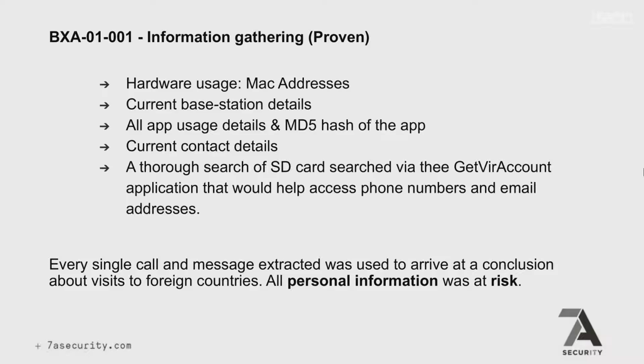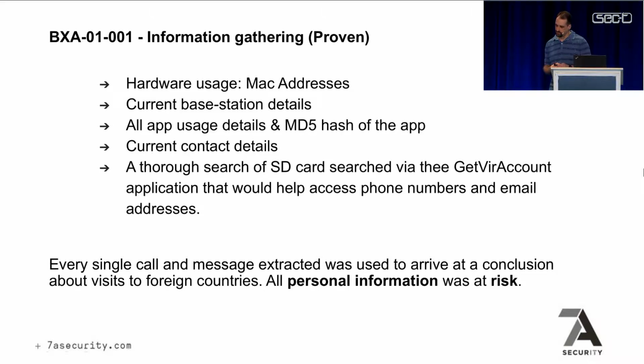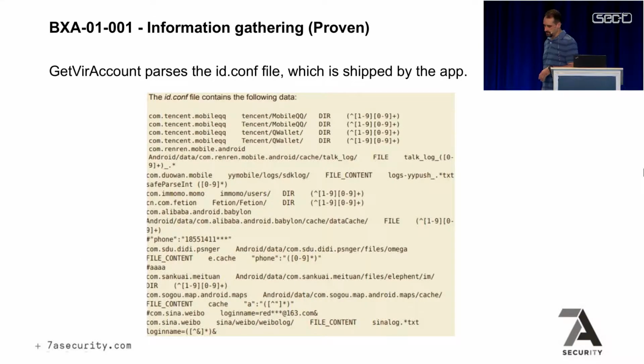Current contact details, and then looking through the SD card, we also found this Get Via Account application that would help access the phone numbers and email addresses, right? So yeah, all personal information was at risk, and this is the Get Via Account thing.